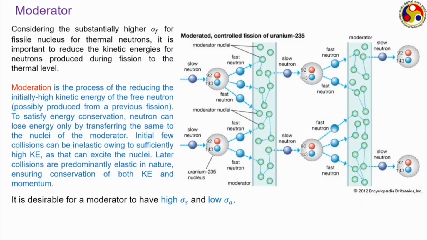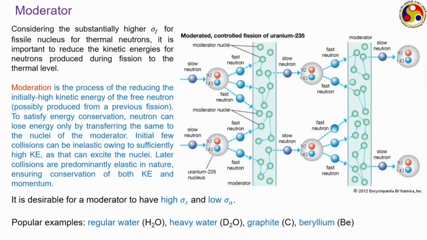So, for a good performance from the moderator, it must have a high value of scattering cross section, and it is also important that it has a low absorption cross section, because if the moderator material itself is absorbing neutrons, then there will be no neutron left to induce the next step of fission. Therefore, it is desirable that a moderator material should have a very high scattering cross section and an extremely low, preferably 0, absorption cross section. Some common choices are regular water, heavy water.